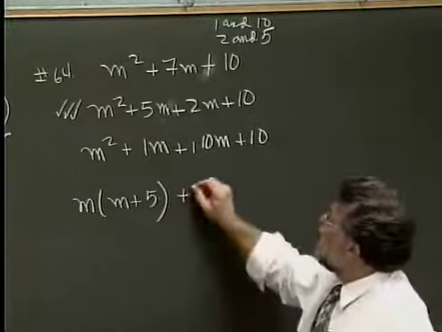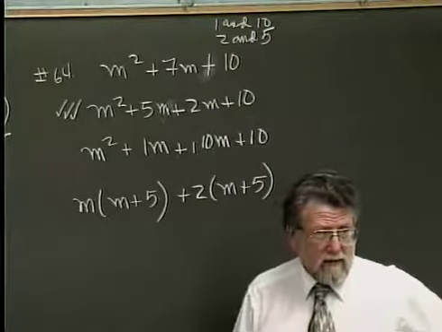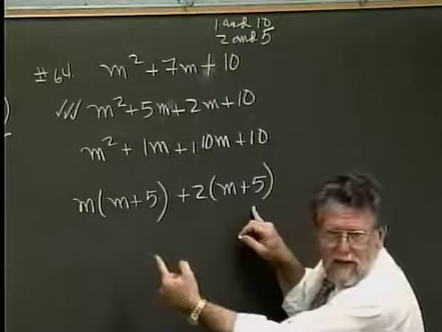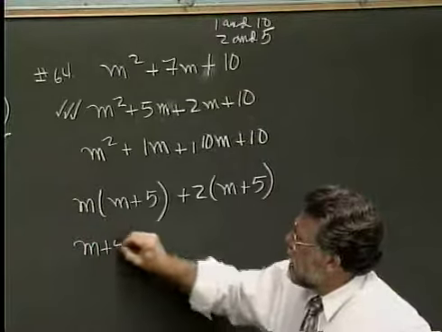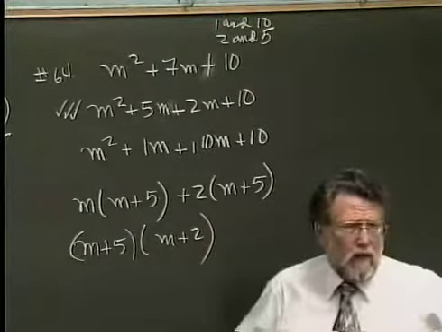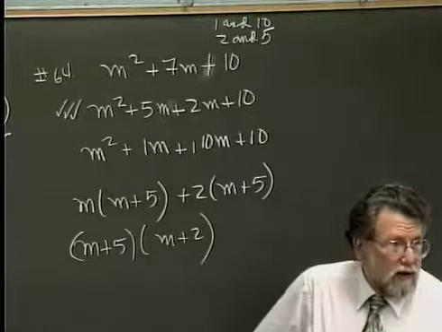So this is considered a productive insight because now you get the aha. You see the same thing. And then you know you're going to take that out as a common factor and be left with what? The m plus 2, and lo and behold, you went from a 4-termed mess to a product of 2 binomials, which is good.